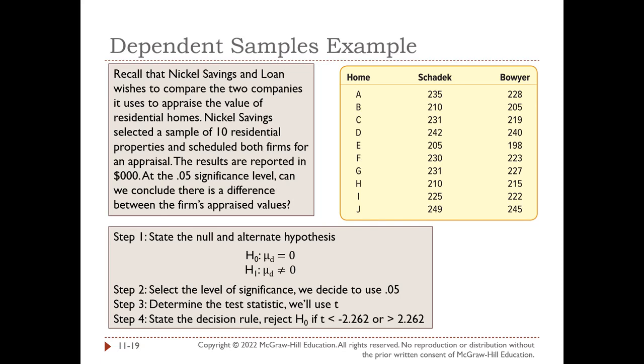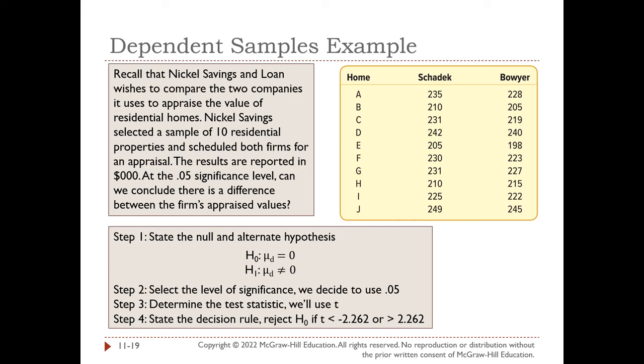So we know that Nickel Savings and Loan wishes to compare the two companies it uses to appraise the value of residential homes. Nickel Savings selected a sample of 10 residential properties and scheduled both firms for an appraisal.